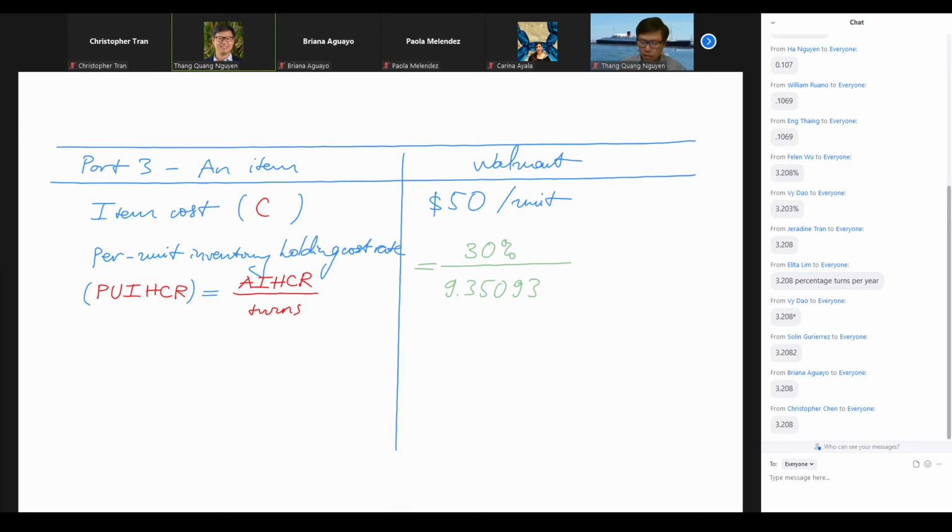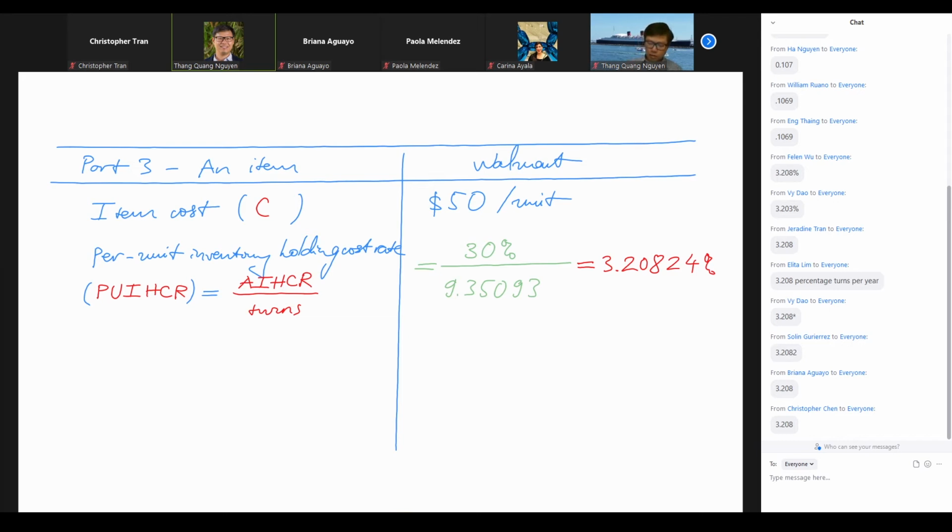So the final answer here is 3.20824%. In the homework or in the exam, normally I specify how many decimal places you should keep. Okay, so that's 3.2%, but then the question is, what does that mean?